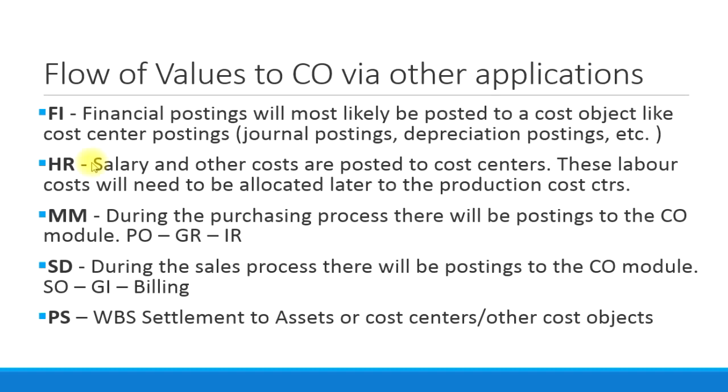Then the next important financial accounting field is the amount. Obviously, you have to mention what's the amount, and also the currency, which currency you're going to pay. And then in the CO module, you usually mention to which cost center this is getting posted, because usually you'll have all your departments and divisions, they'll have their staff, and all of their staff will be assigned to that respective cost center.